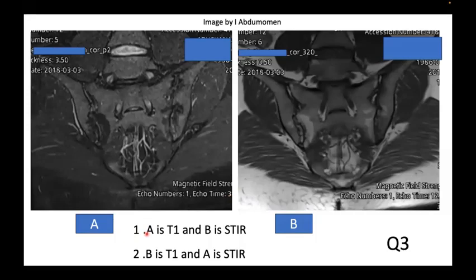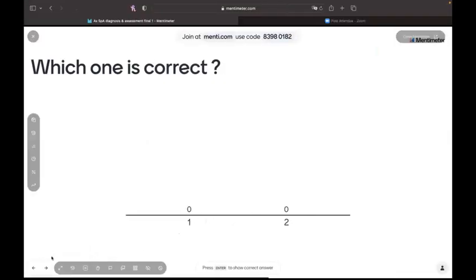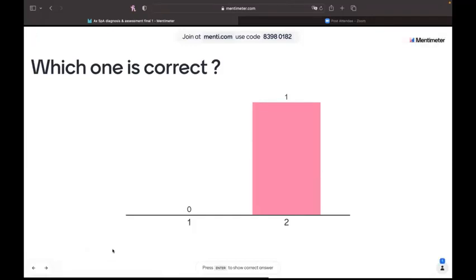One, A is T1 and B is STIR. Two, B is T1 and A is STIR. It seems most of you are not so active on Menti.com.